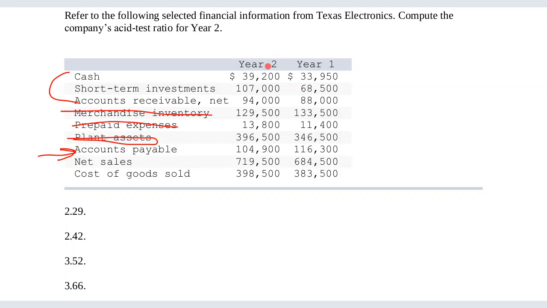And so if we were to do that for year 2, what would be the answer? And 2.29 is correct. Okay.